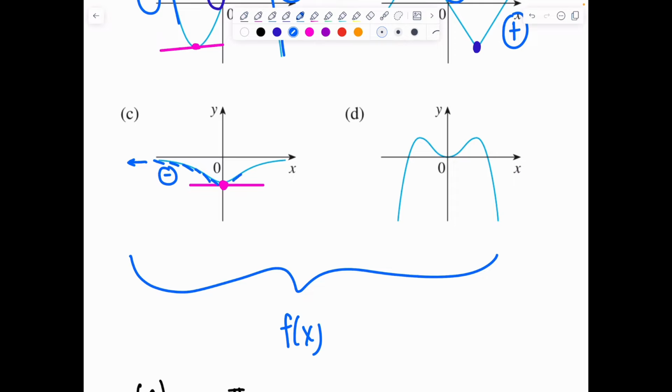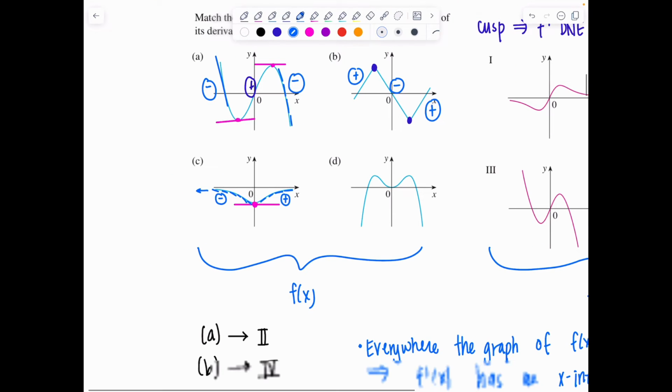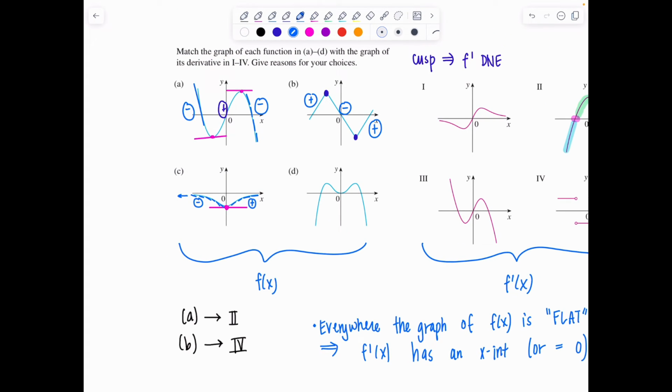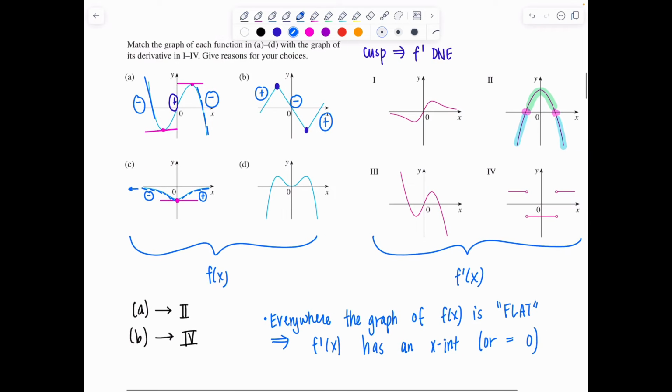So these are all negative. Over here, these slopes are all positive, positive, positive. But they also start leveling out. They get flatter, right? As I get further away from the origin. So let's see, is there a graph with only one x-intercept at the origin, where the derivative is positive on one side, negative on the other, but it gets flatter? Yep, graph number 1 right here.